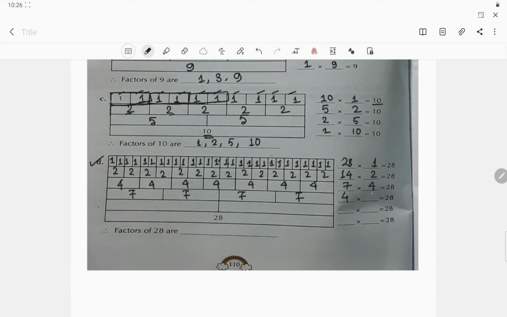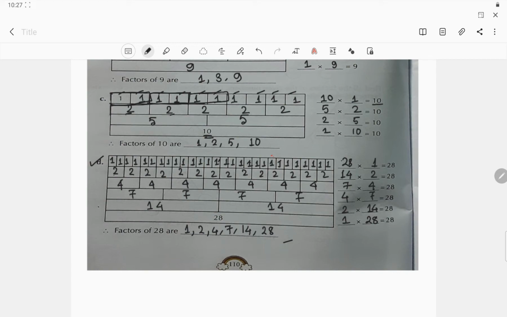That means 4 7s are 28. 7 plus 7 is 14 and 7 plus 7 is 14. There will be 2 14s. That is 2 14s are 28, and there is 1 28. So 1 into 28, you will get 28. So factors of 28 are 1, 2, 4, 7, 14, 28.